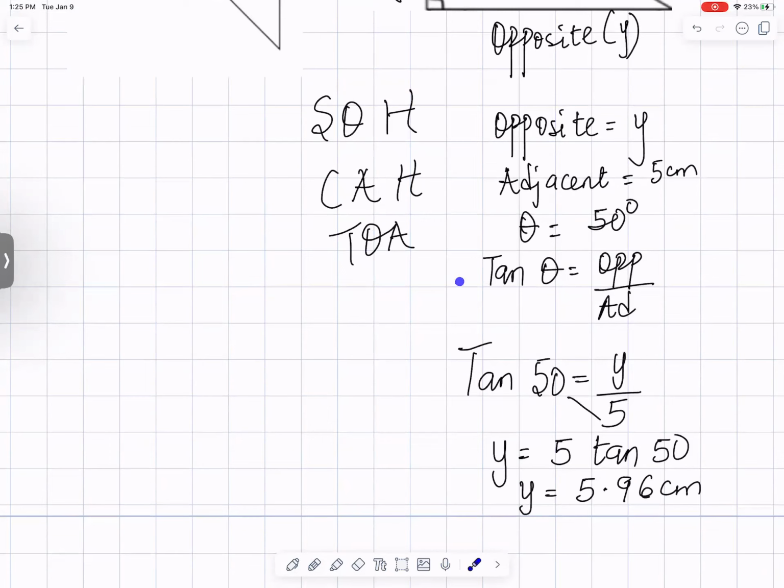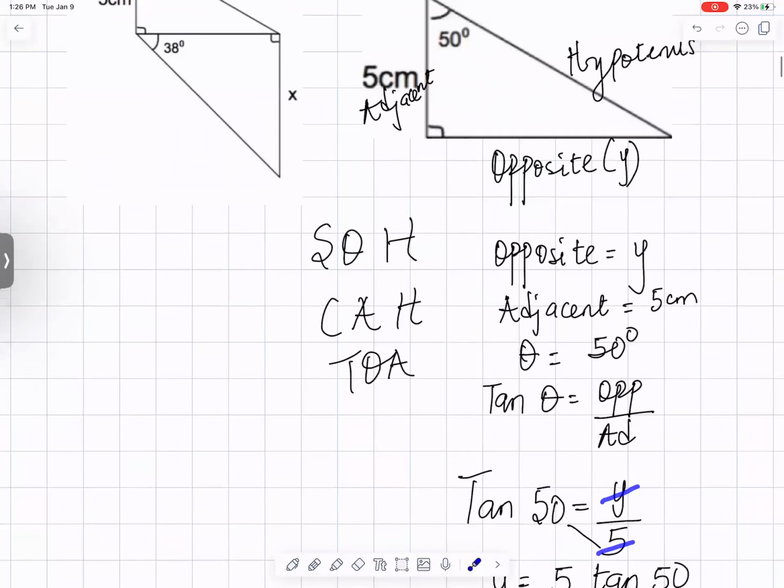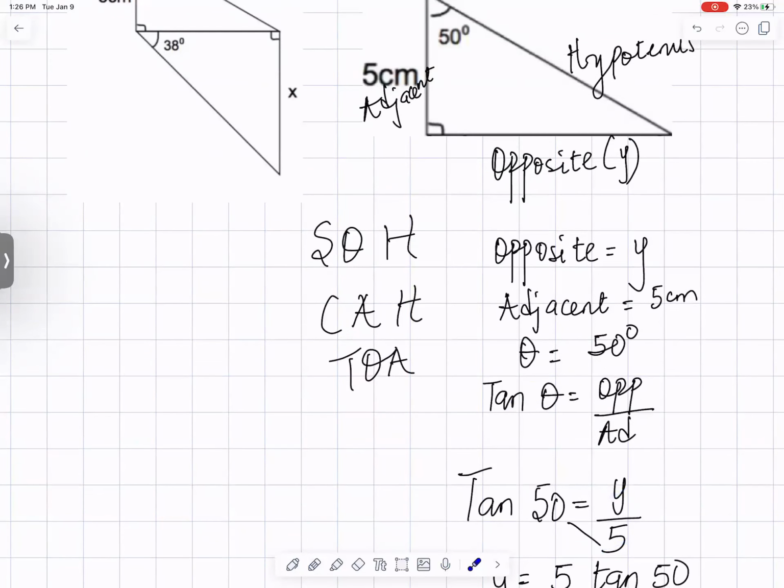So we are applying tan theta, which is opposite divided by adjacent. So tan 50 degrees equals y, divided by 5. I'm looking for y, so I have to cross multiply.